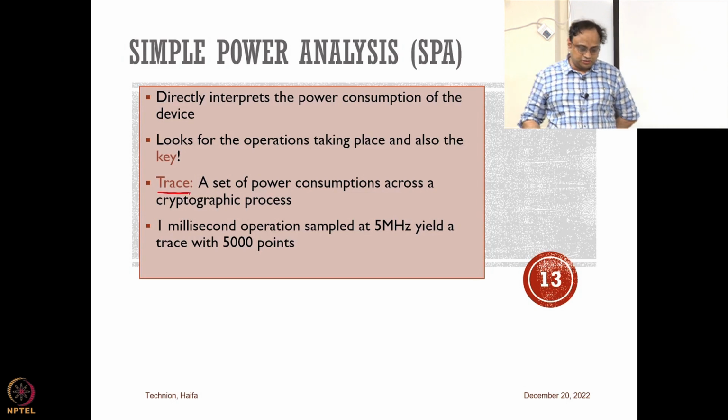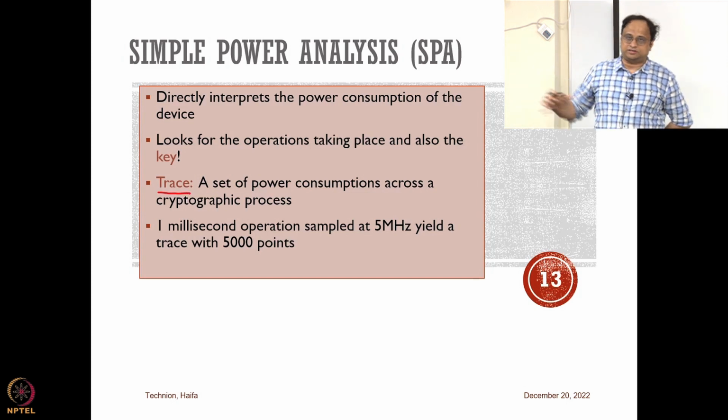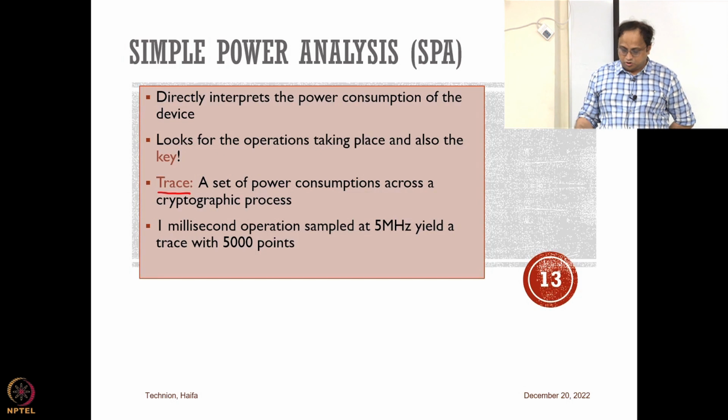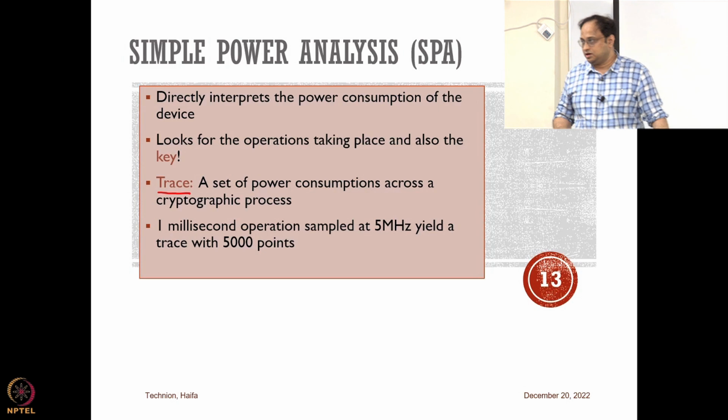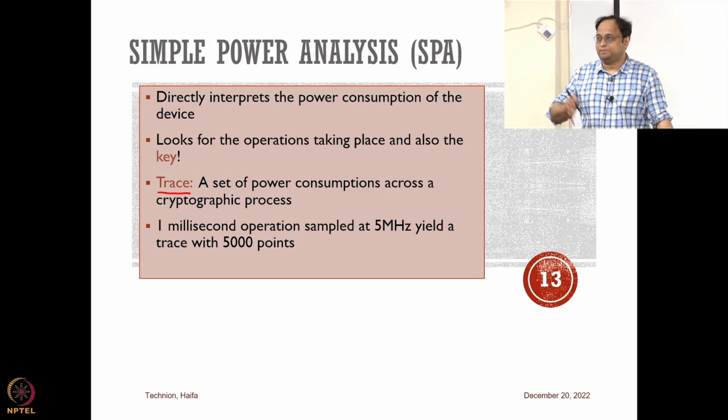Traces means a set of power consumptions across a cryptographic process. The power consumption is an analog, continuous process, but when I want to do my algorithms that we will see soon, you will be working with zeros and ones, so you need to discretize this. And how do you discretize this? By sampling this power trace.